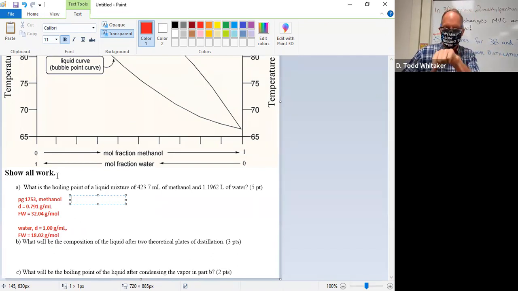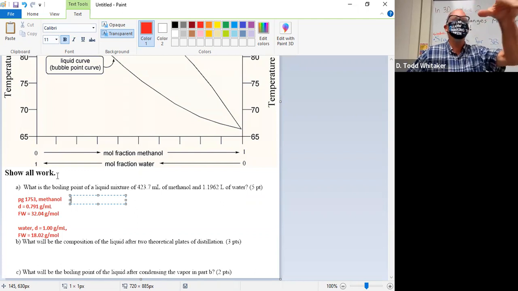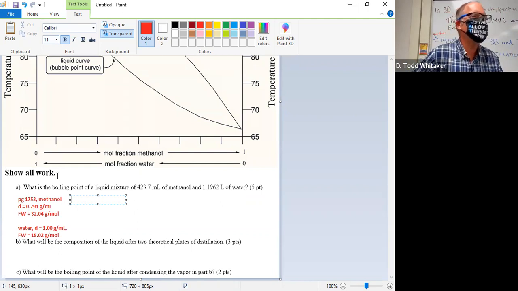And I have information here to go to what amount? Density lets us go from milliliters to grams, which is mass. And once you go grams, what can you go to? Moles. How do you do that? From formula weight, molecular weight, yes. And once you get to moles, you're halfway to mole fraction.